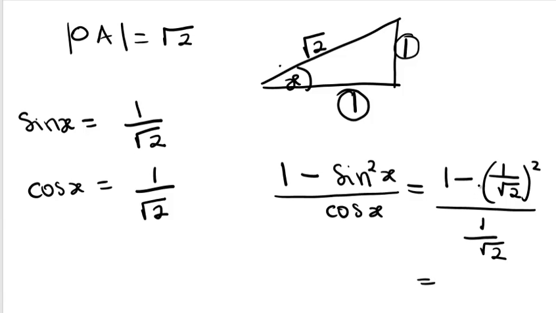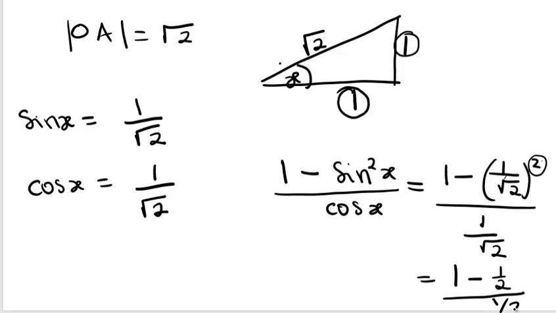Now for the numerator, 1 minus 1 over root 2, this squared is going to affect the 1, so 1 squared will give us 1. And the same square is going to affect the root 2. Root 2 squared will give us 2. So we are going to have 1 minus 1 over 2, all over 1 over root 2. For the numerator, 1 minus 1 over 2 is going to give us 1 over 2.